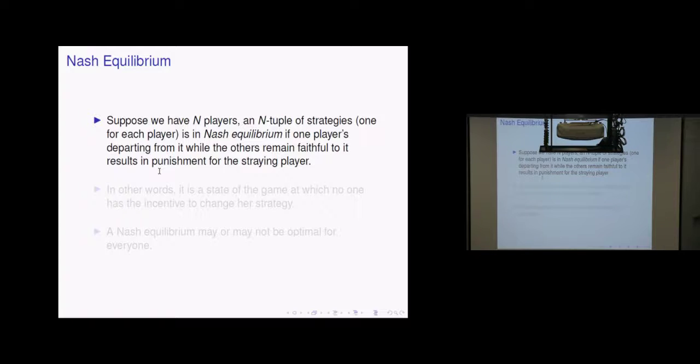Let me read it. If one player is departing from it, while the others remain faithful to it, it results in punishment for the straying player. We'll see lots of examples.